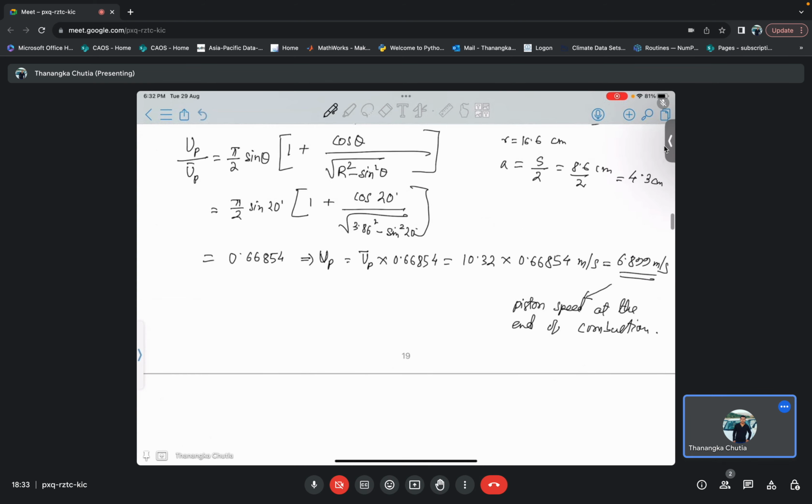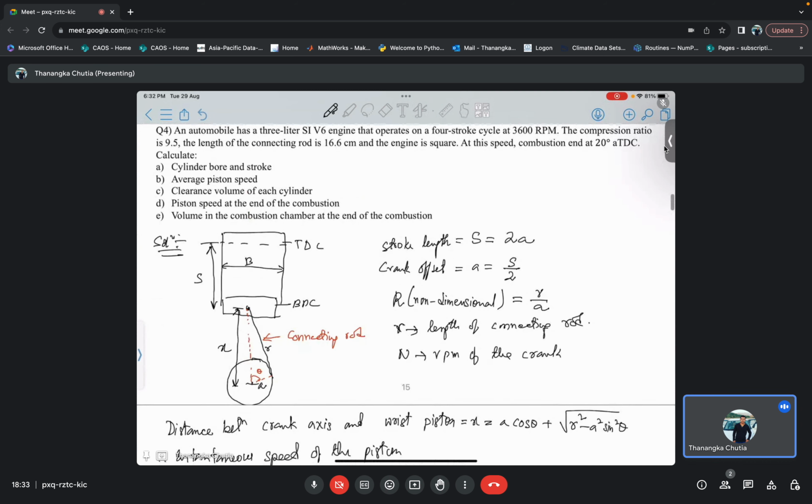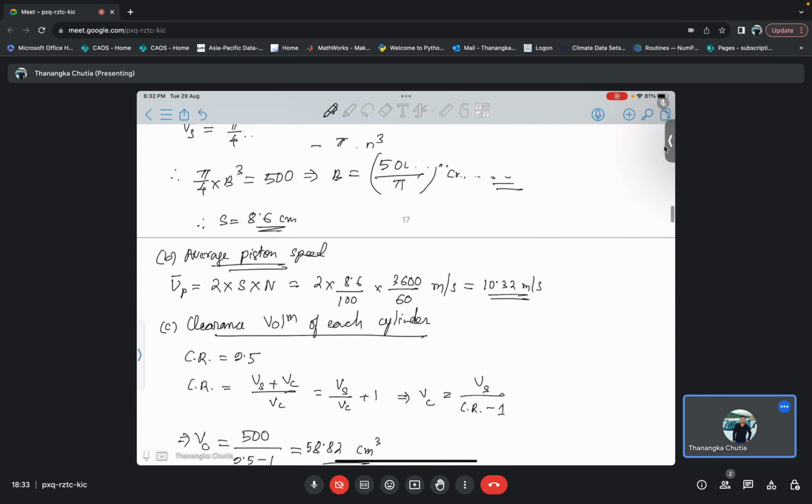Next, what we should find is the volume in the combustion chamber at the end of the combustion, okay.